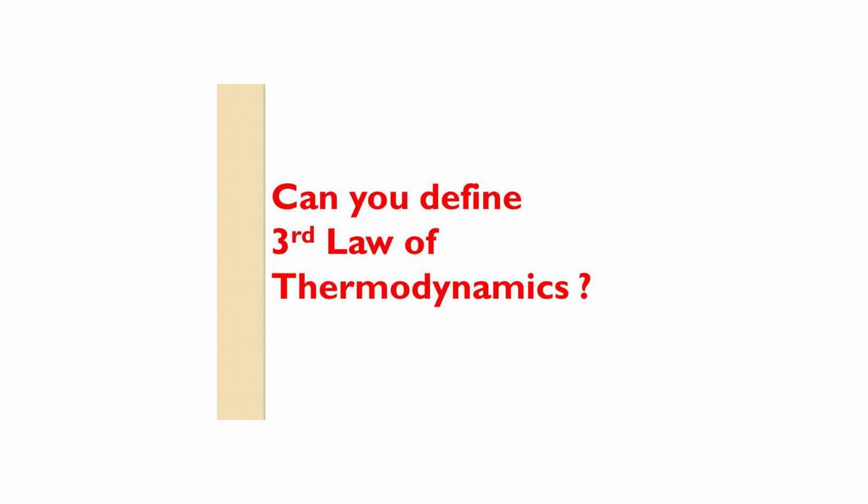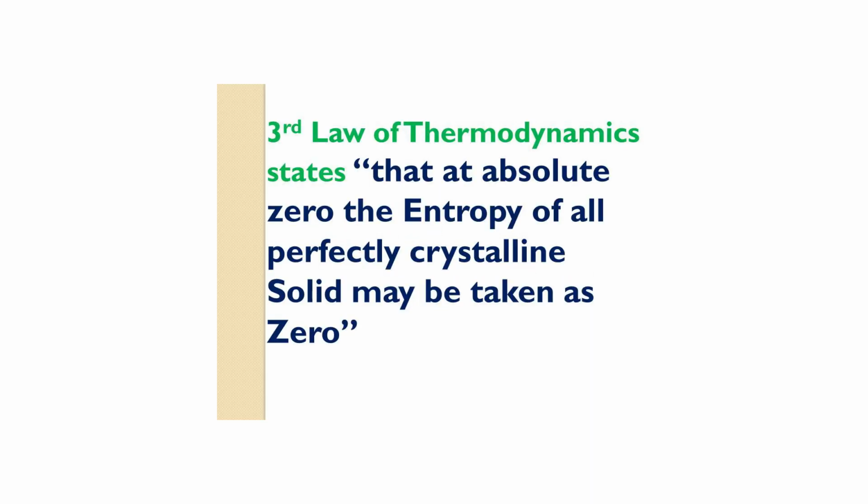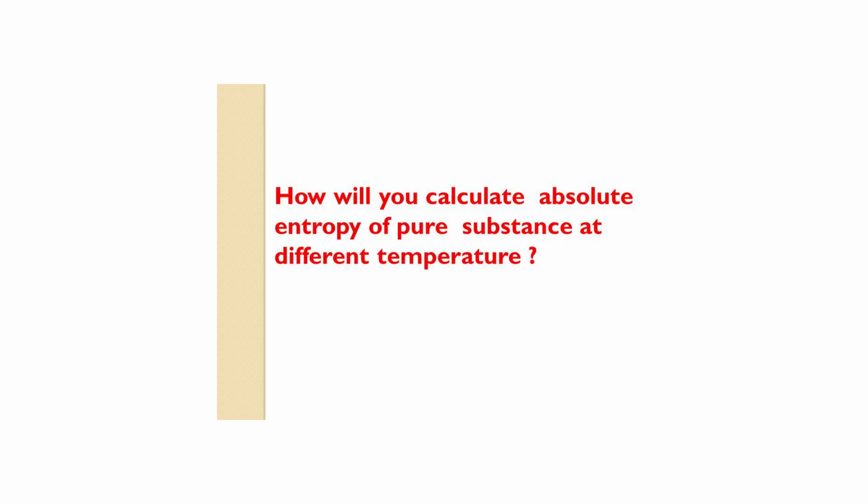Can you define the third law of thermodynamics from this? It states that at absolute 0, the entropy of all perfectly crystalline solids may be taken as 0. How will you calculate the absolute entropy of a pure substance at a different temperature? Students, can you give it?